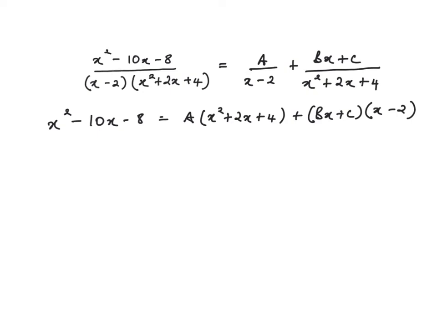Let's choose the value. So x equals 2 will make this whole term disappear. So that's 4. Take away 28 is minus 24. And 4 plus 4 is 8, plus 4 is 12.